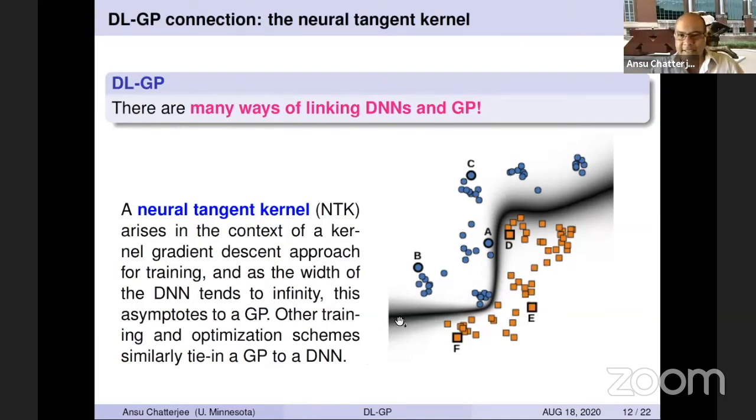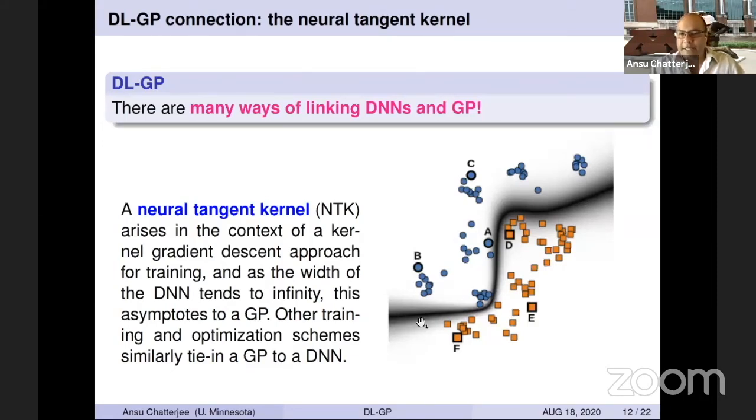So here's an example, and I should mention these are all other people's works. Mostly we've been reproducing some of it. Let's say we have a supervised learning task, and here's the boundary that separates the two classes, the blues from the oranges on my screen. This boundary is something that a deep learning methodology would find out for you.